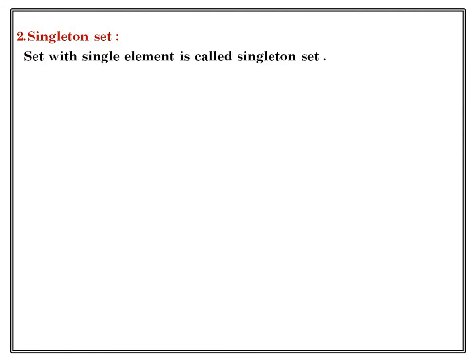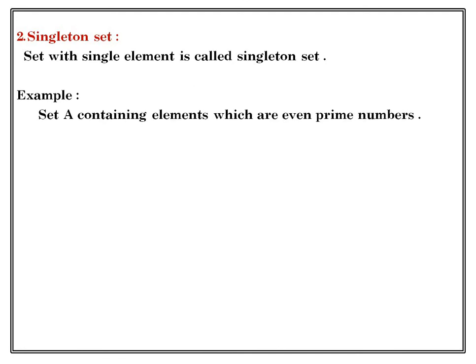Next one, singleton set. Singleton set means a set with a single element is called singleton set. That means the set contains only one element. Such a set is called singleton set. Here is an example. Set A containing elements which are even prime numbers.